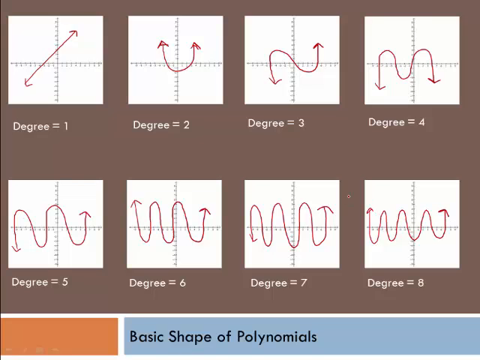Now what you may or may not have noticed is that if we look at the x-axis, we are crossing or hitting the x-axis in the same number of points as our degree. So here we'll have 5, here we'll have 6, 7, 8, etc. This is what tells us the basic shape of our graph.